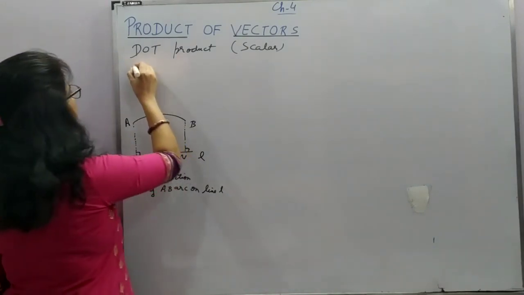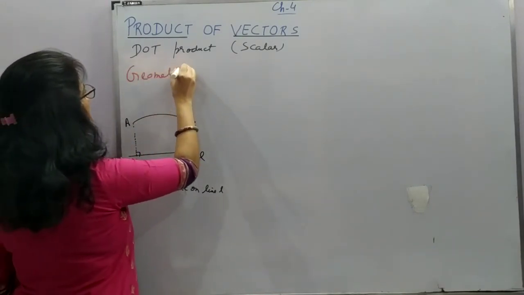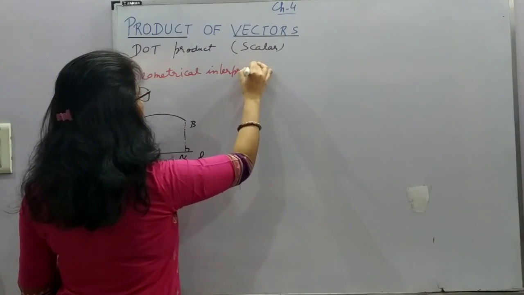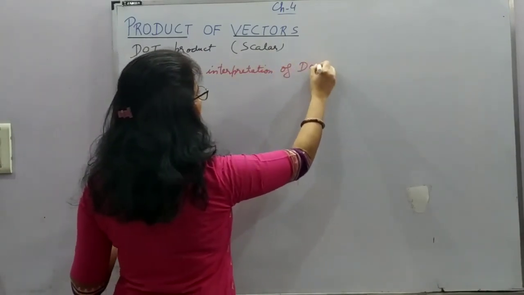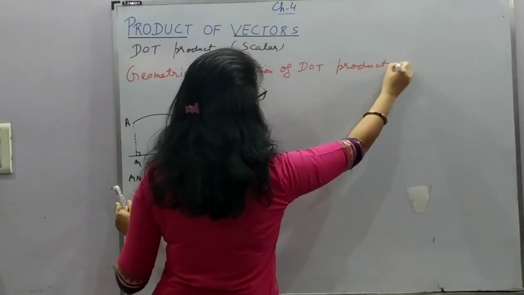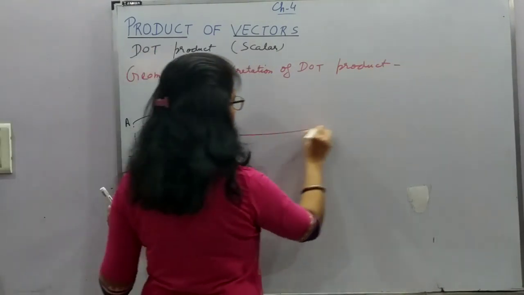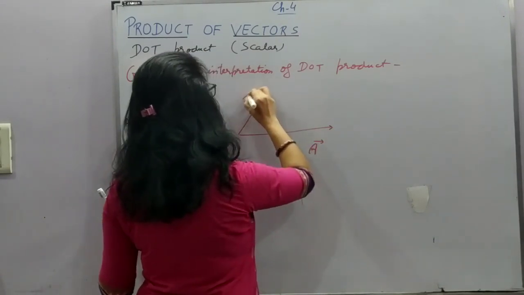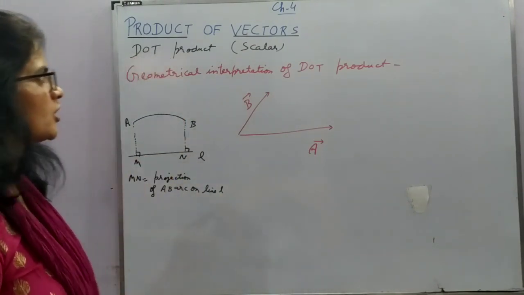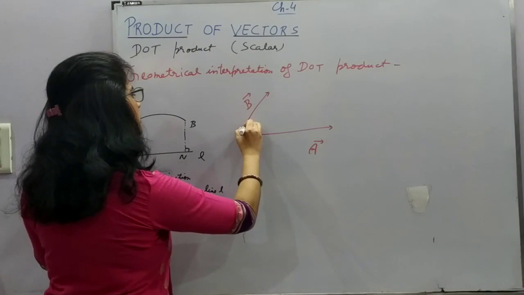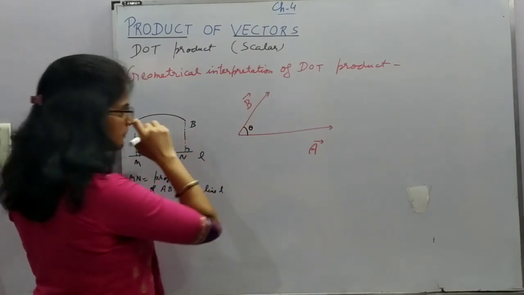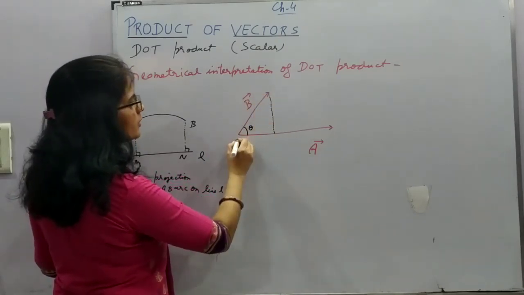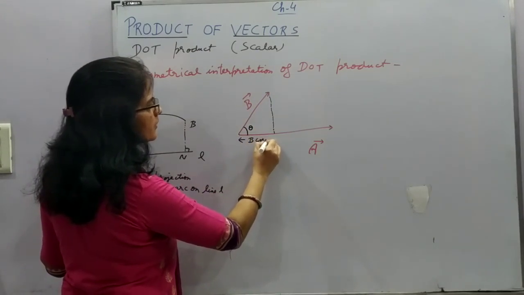So here I am explaining the geometrical interpretation of dot product in terms of its projection. If I have two vectors, A vector and B vector, and I want to find the projection of B vector on A vector, and this is theta, then this value will be B cos theta.